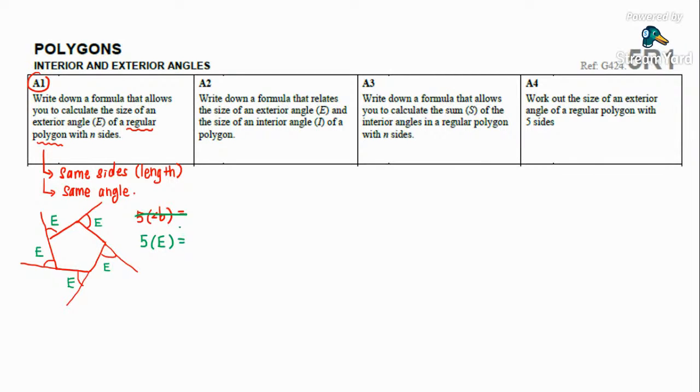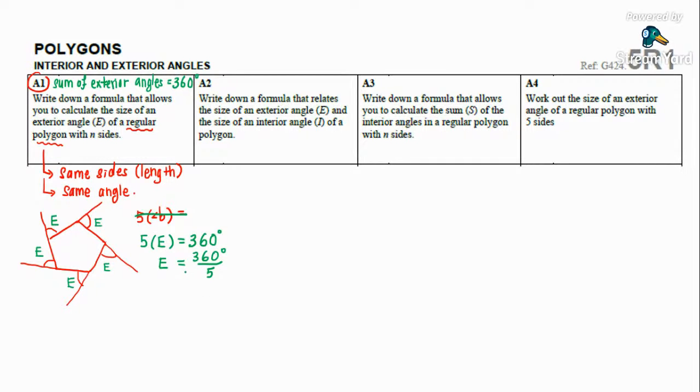Another thing that all of you must remember is the sum of exterior angles. It doesn't matter how many sides the polygon has, the sum of exterior angles must be equal to 360 degrees. So I will put 360 here. So the value for each exterior angle will be 360 divided by 5.